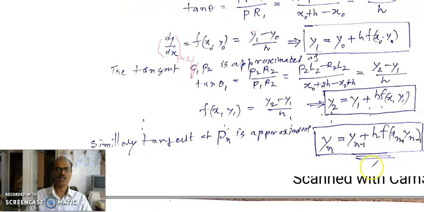So this is what we call Euler's formula to find the ordinate of a point on the given solution curve y is equal to y of x. This is the Euler formula. This is how we find the ordinate of any point on the curve by using Euler's method.